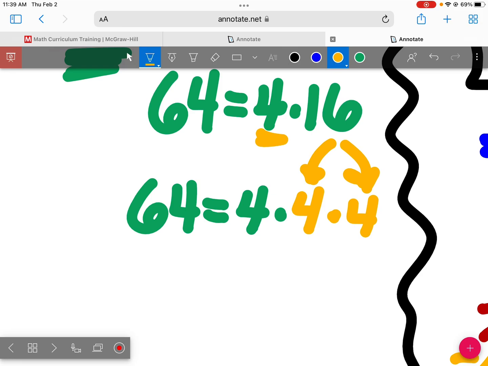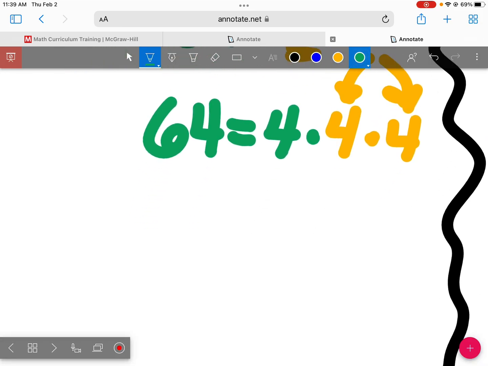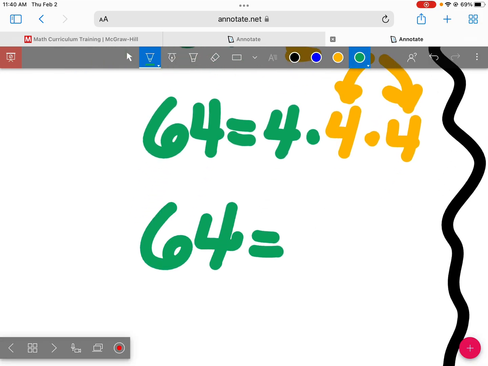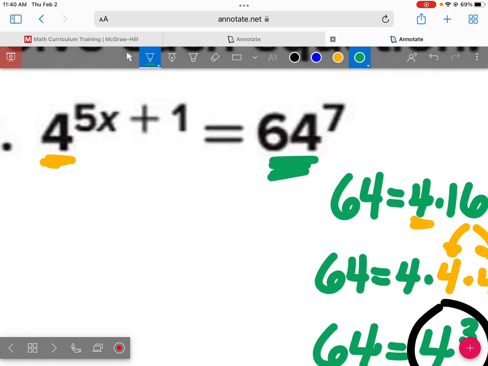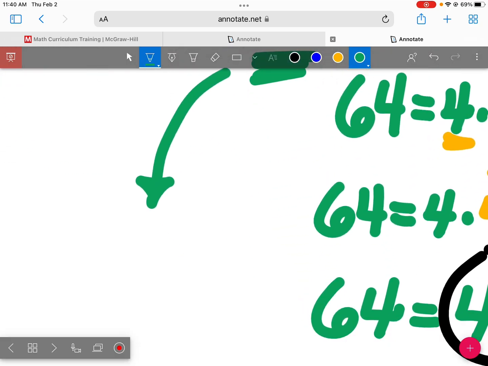What'd you say? 4 to the third power. 64 equals 4 to the third power. Beautiful. So I can take this right here, and it can take the place of the 64 there. 4 to the third power is exactly the same as 64. So I'm going to replace the 64 here. We're going to rewrite this as 4 to the third power.